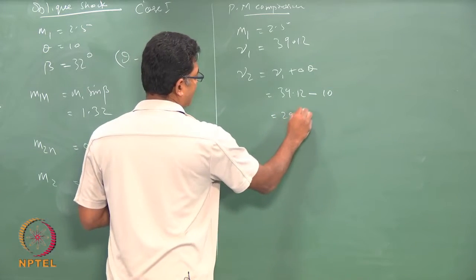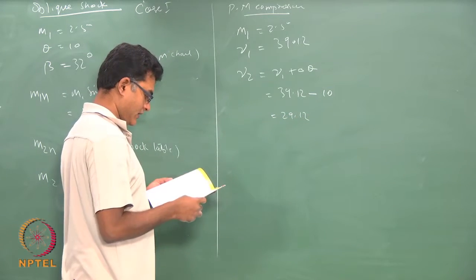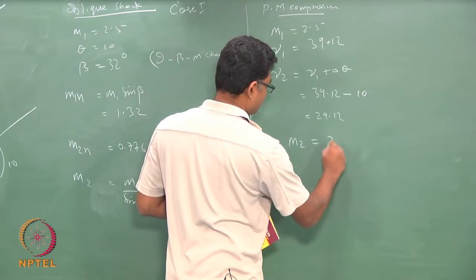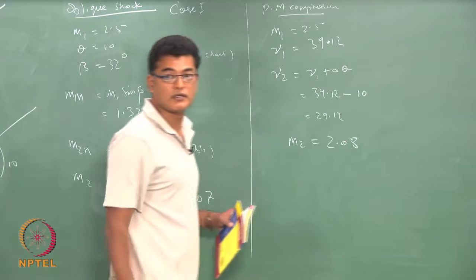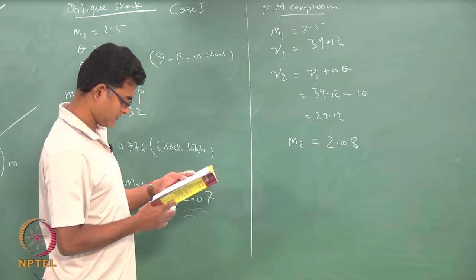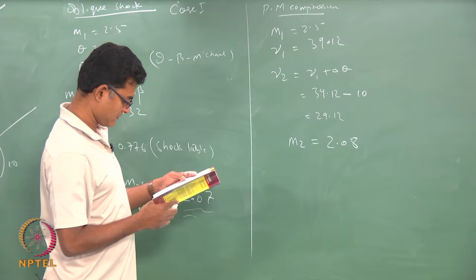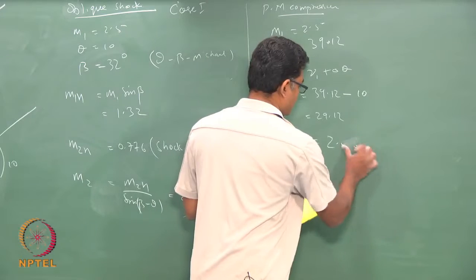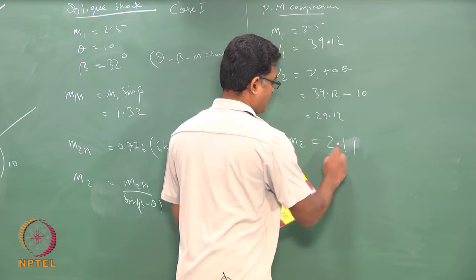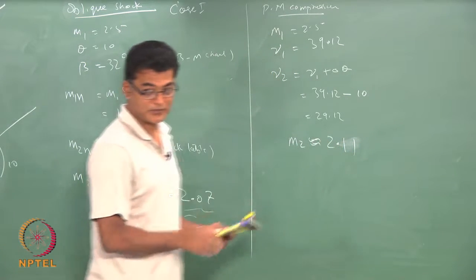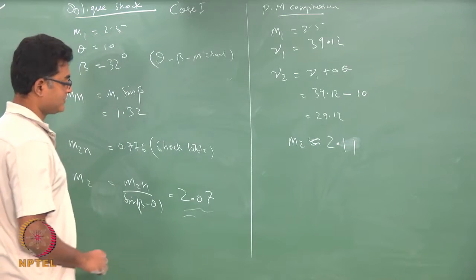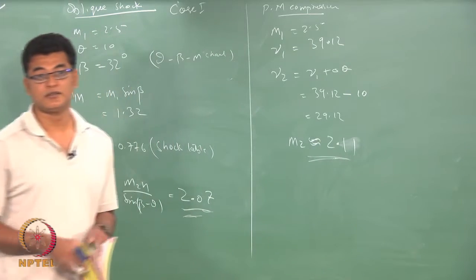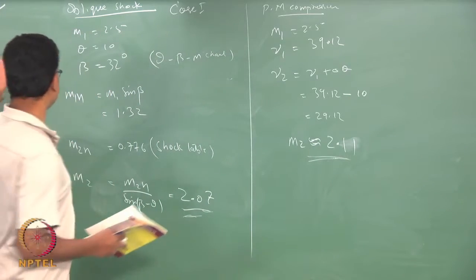So, this is 29.12, which in the table would give me M2 approximately 2.08, correct? Okay, approximately 2.11. So, the Mach number is not very different from what you get from this.